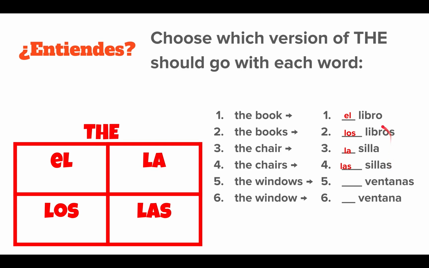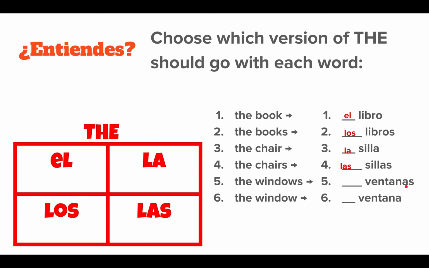And again, a book doesn't mean it's a boy book. It's just the way that the word for book is categorized. It's classified as a masculine word, even though a girl can read the book or a boy can read the book. It doesn't matter. The windows. The word for window happens to be feminine.